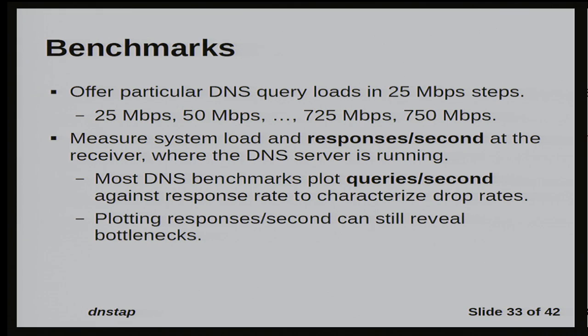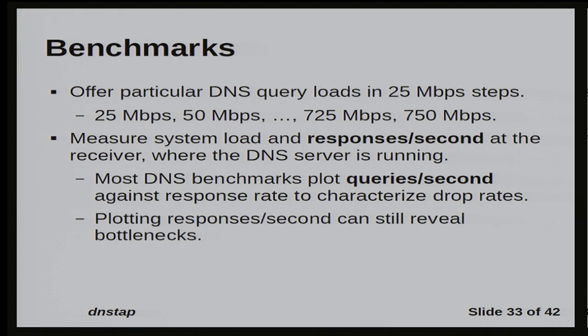And basically, we just ran 30 or so data points, sending a particular DNS query load in 25 megabit steps, all the way from 25 megabits up to three-quarters of a gig. And basically, all we do is measure the total system load and the number of responses per second that the dnstap-enabled server is generating.